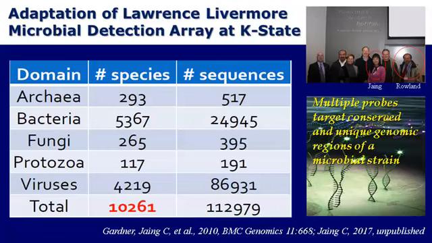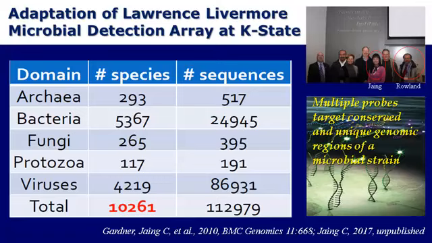The newest version of the pathogen array can simultaneously detect over 10,000 emerging pathogen species, including over 4,000 virus species and over 5,000 bacterial species. This microarray has multiple probes targeted on both conserved and unique genomic regions of the microbial strains.